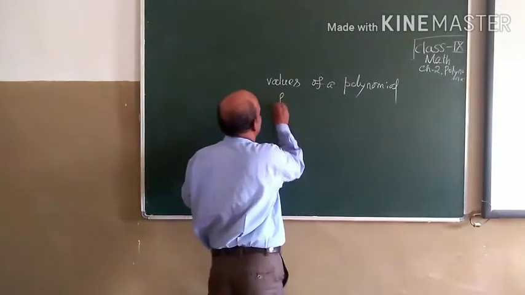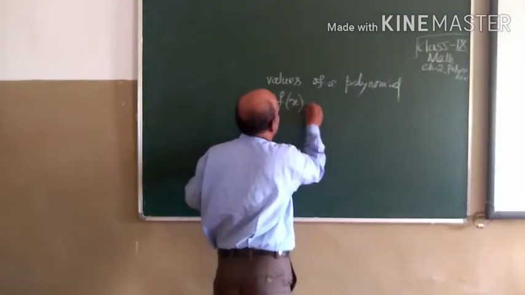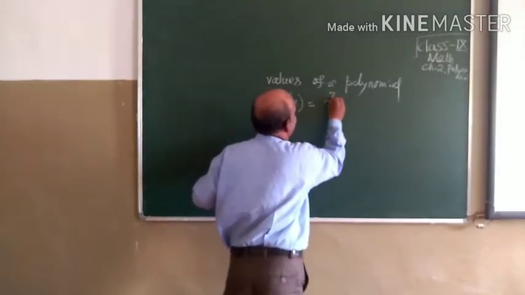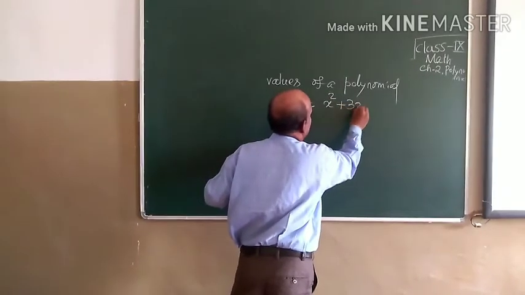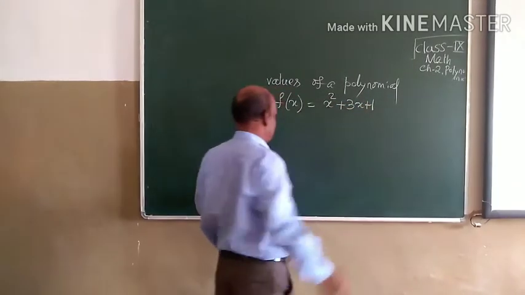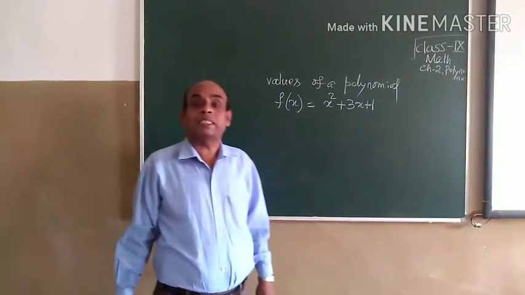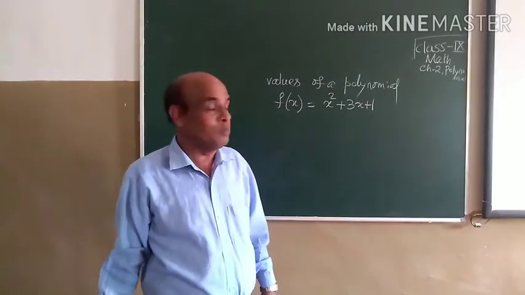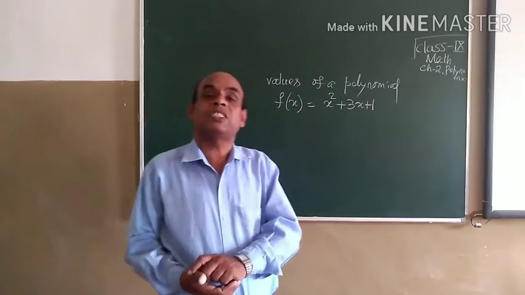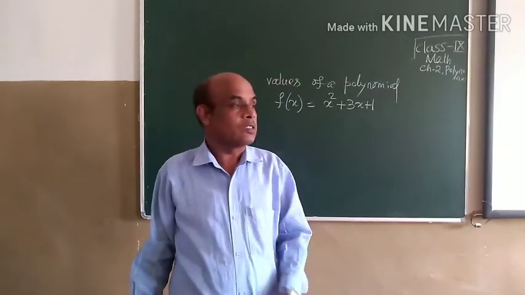Suppose I write f(x) = x square plus 3x plus 1. Suppose this is the polynomial f(x), meaning function of x. It means the polynomial is expressed in terms of x.